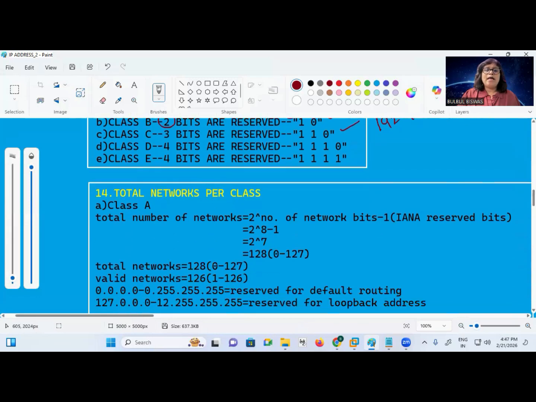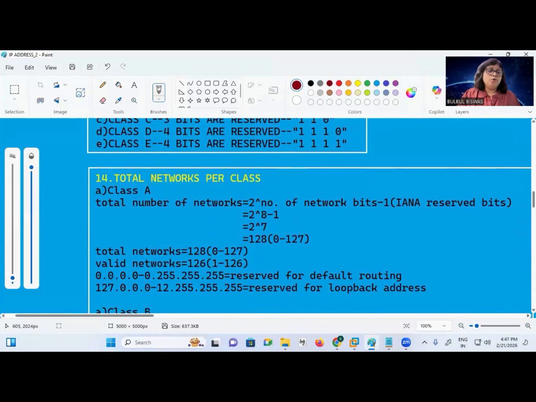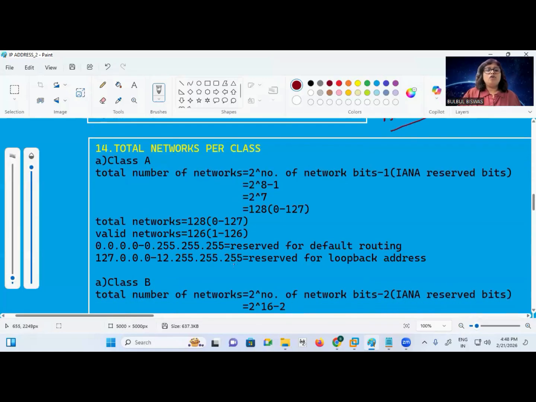Next, if I go for the IPv4 address that we should know, because in this IP out of 5 classes, A, B, C is used for networking. So now we will see in class A how many networks are there, in class B how many networks, and in class C how many networks are there. In class A, the total number of networks means 2 to the power number of network bits minus 1.